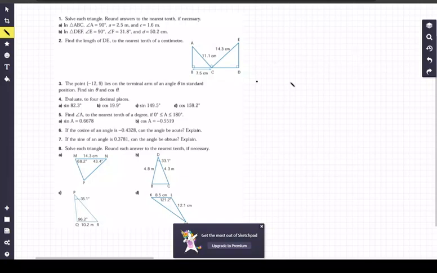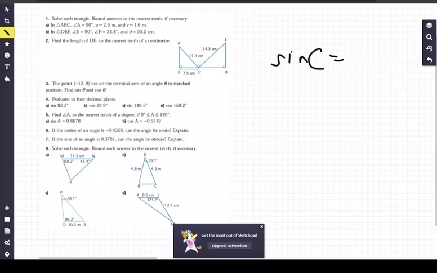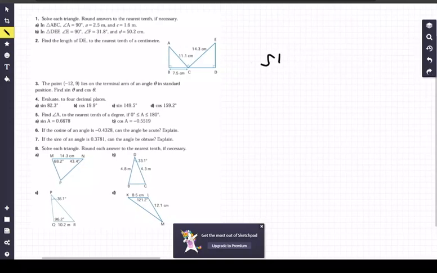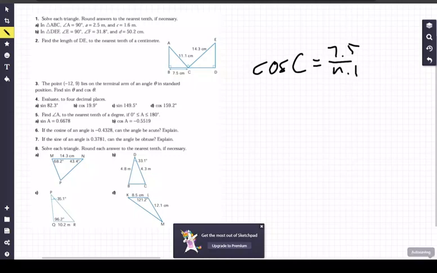You might ask how we do that. Oh wait, no, we have to find the angles first. So let's find the angle of C. Cos C equals adjacent over hypotenuse. 7.5 over 11.1.